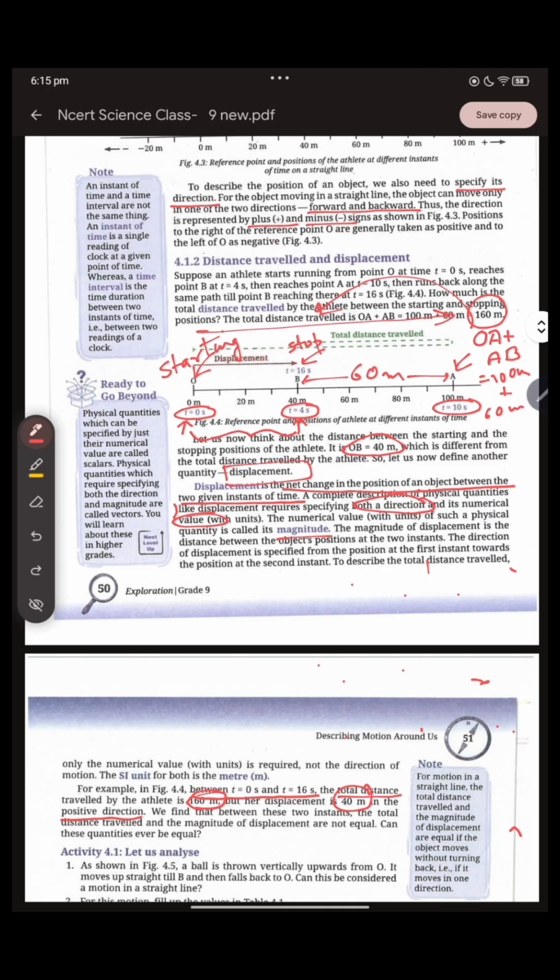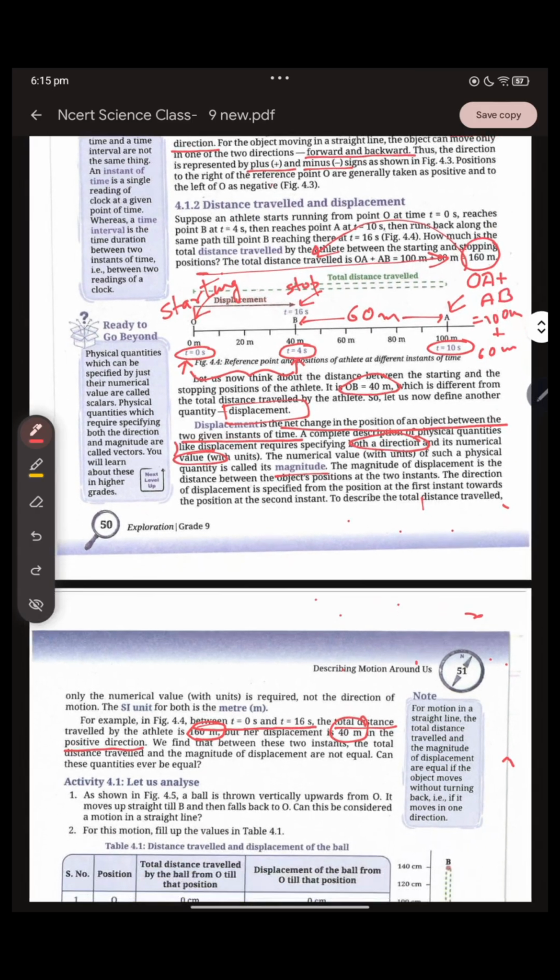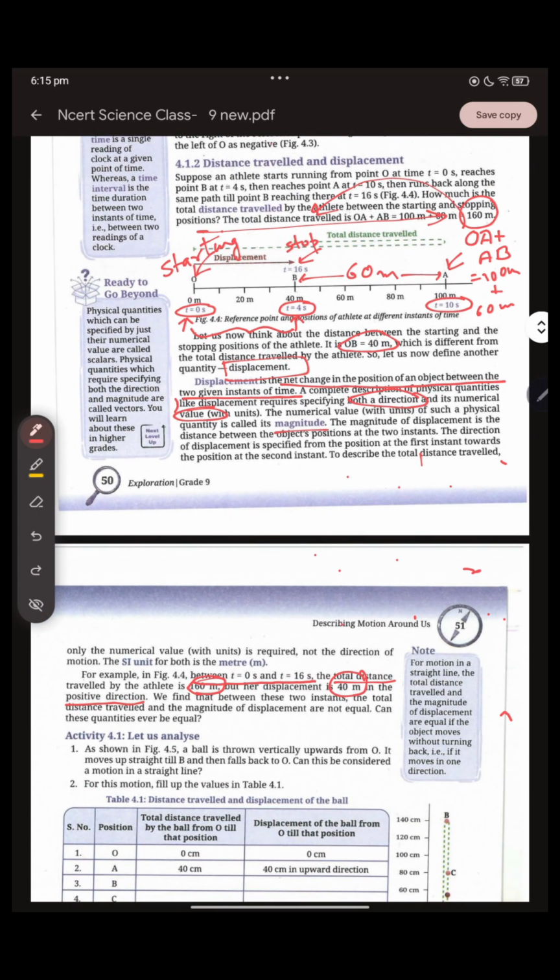Distance is the real path covered, the total path covered, and displacement is the shortest path covered, or rather the shortest distance between the starting position and the final position. Moreover, keep in mind that displacement requires the direction, not only magnitude but also the direction. So displacement is a vector quantity. Why is it a vector quantity?